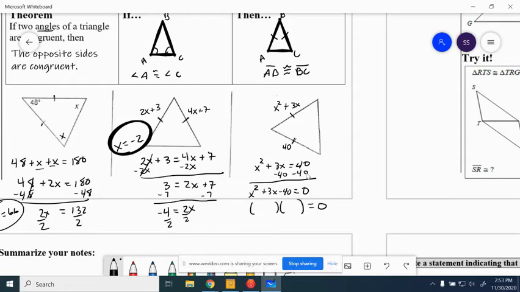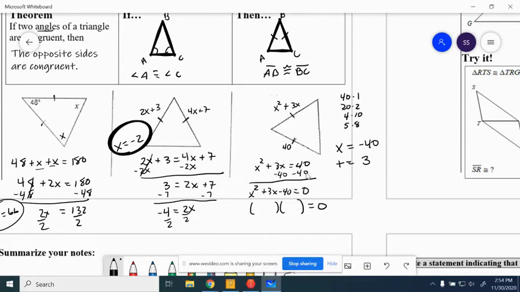And so I'm looking for the two numbers that multiply to equal negative 40 and that add up to equal positive 3. All right, so you can go ahead and list your multiples of 40 or the factors of 40. How do I get there? I can multiply 40 times 1, 20 times 2. 3 doesn't work. 4 times 10, 5 times 8.